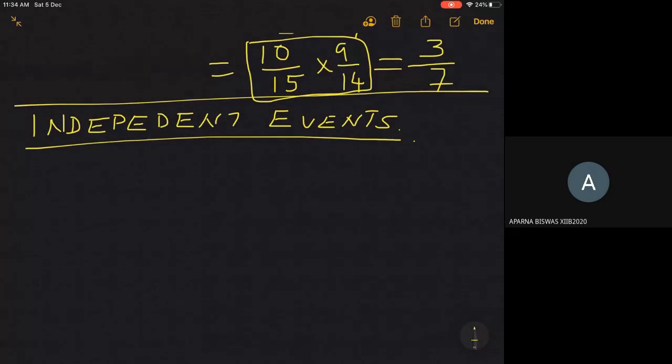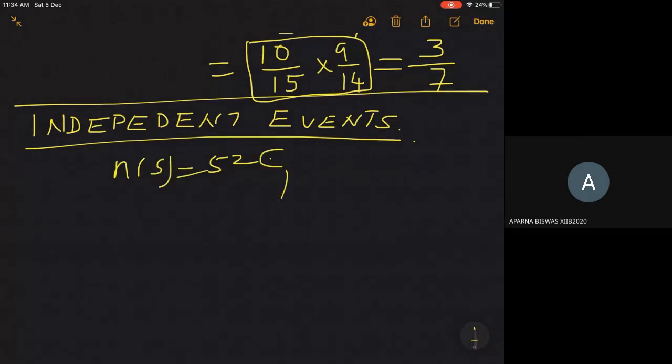Suppose we have 52 playing cards, and from the 52 cards we are taking one card. So the number of elements of the sample space will be 52C1.